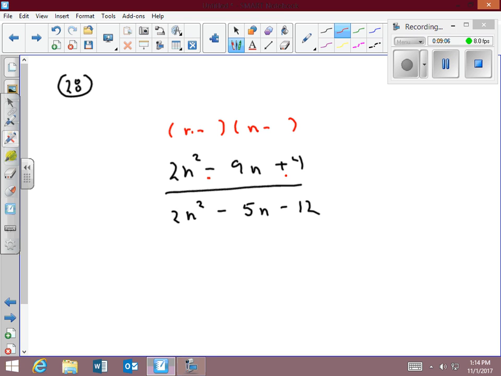Now, because both of the signs are the same sign, this 9 is a sum, right? It's a sum of the integer factors. 1 and 2, 4 is 1 and 4, and 2 and 2. Now what combination gives me a sum of 9?